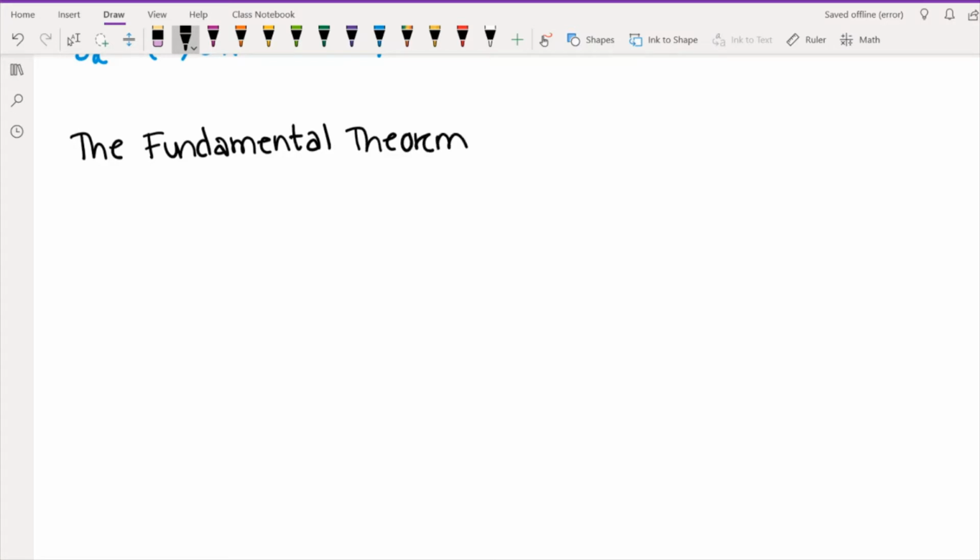So just like with Fundamental Theorem of Calculus Part 1, oftentimes you'll see it abbreviated as FTC, and now we're looking at Part 2.